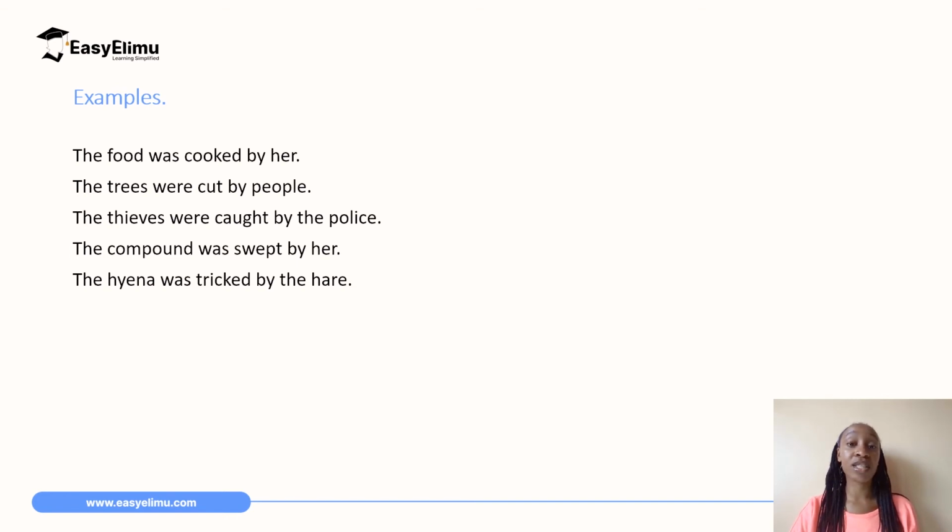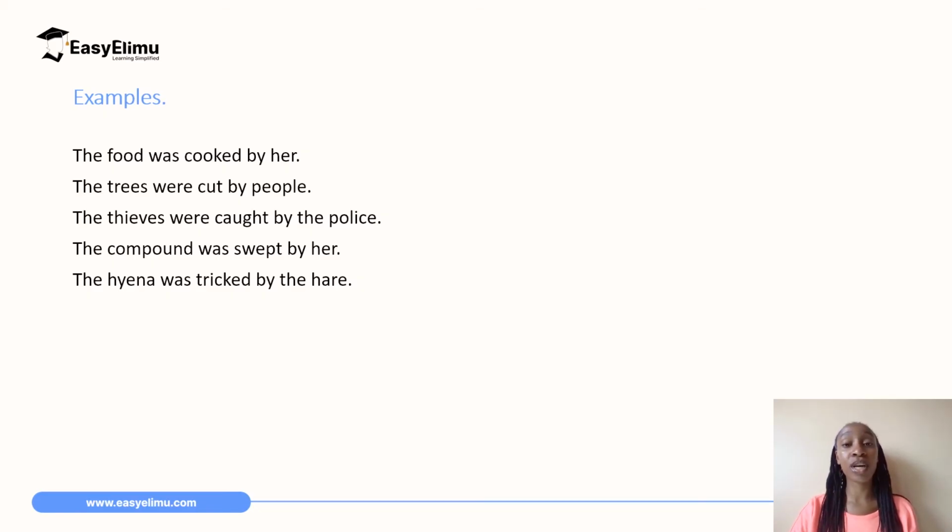Remember, this sentence was she cooked the food, but now we are saying the food was cooked by her. So the food is the object, was cooked is the verb or the action, and by her is the subject.